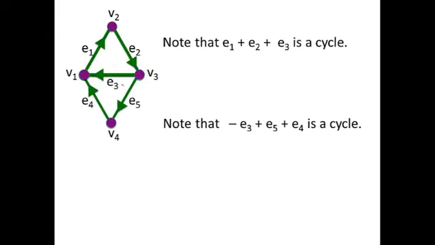Here we have an oriented graph, also called a directed graph, where we use arrows to orient the edges. So now the edge E1, for example, points from the vertex V1 to the vertex V2 and is denoted by this arrow.